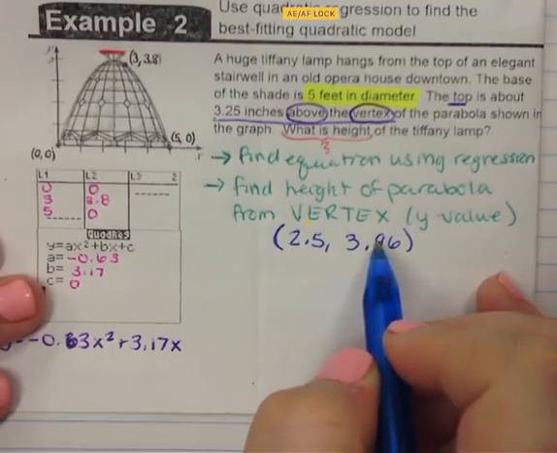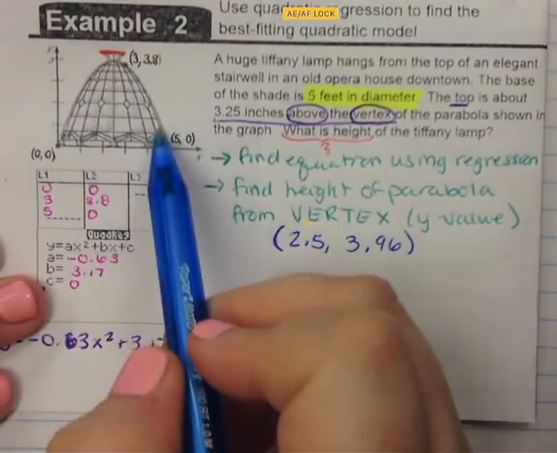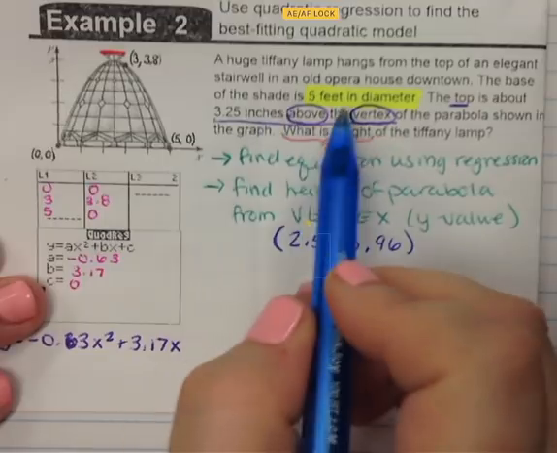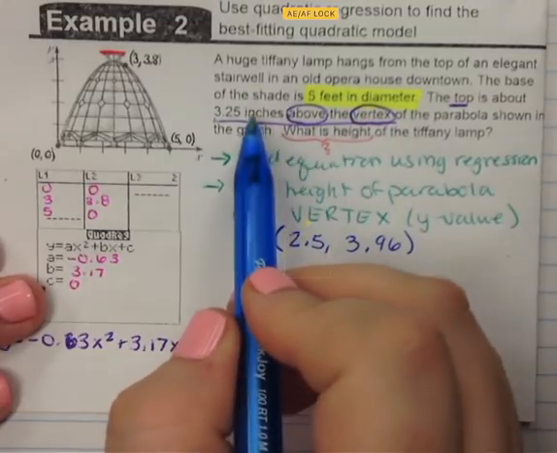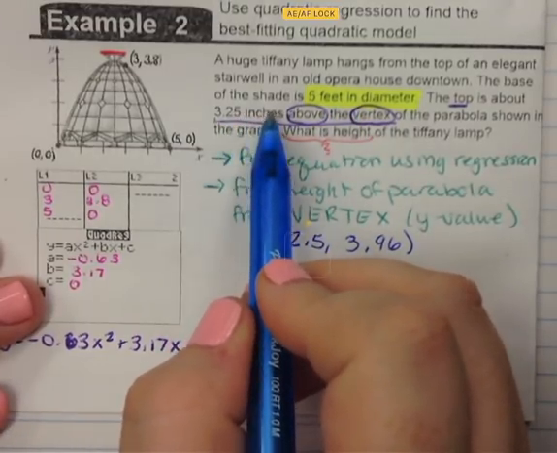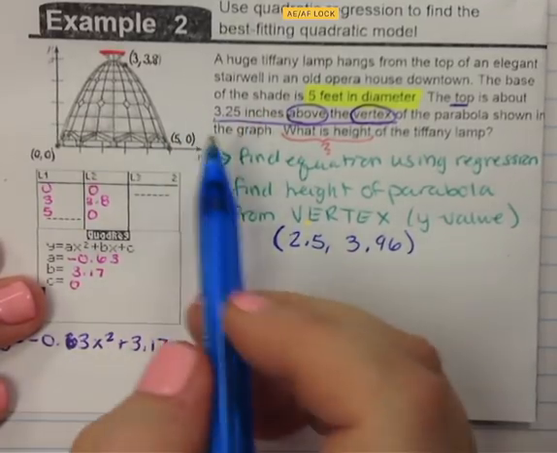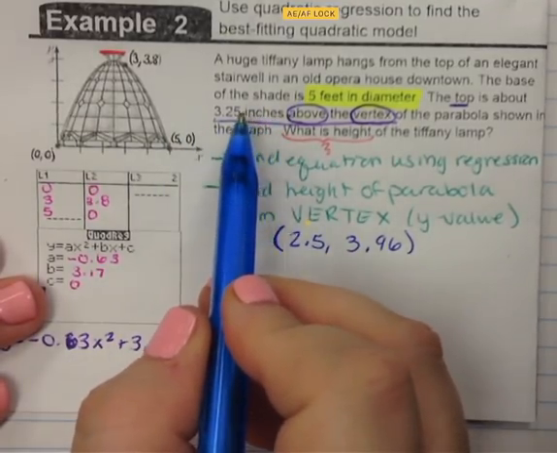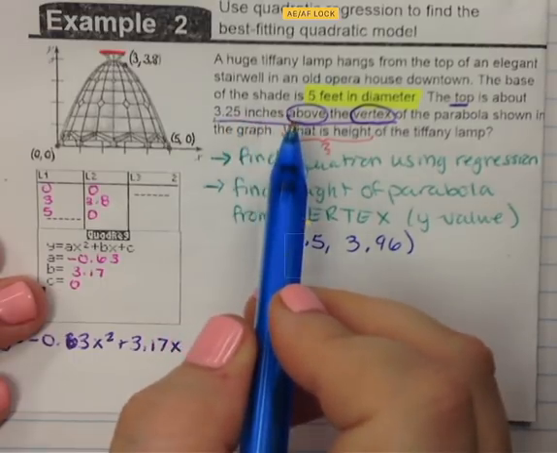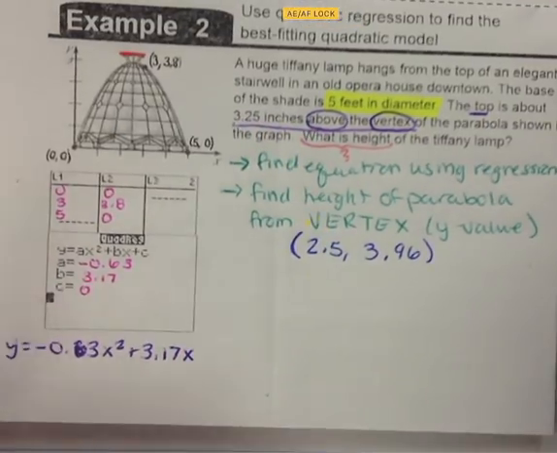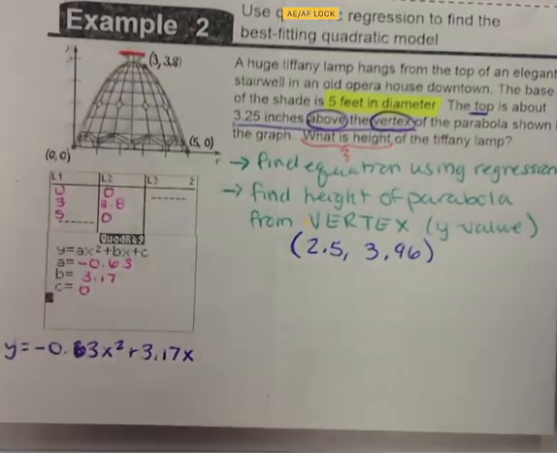But the thing is that this was in feet. So that means we have 5 feet in diameter, but the top is 3 1/4 inches above the vertex. That means that we actually have to convert either our inches to feet or our feet to inches. So our height, I'm going to write a little note down here.